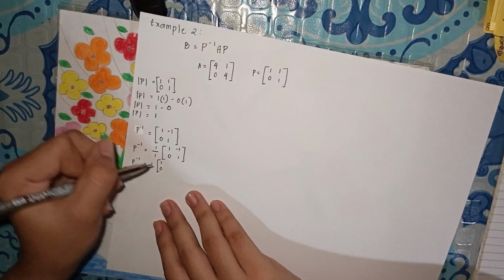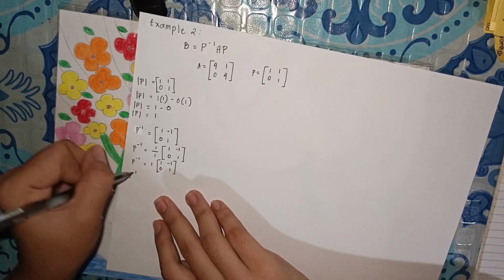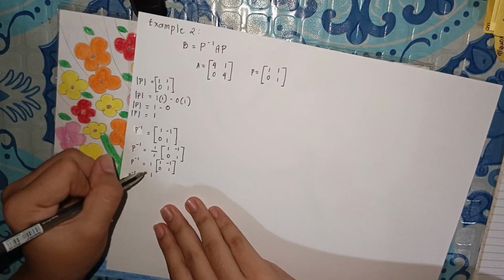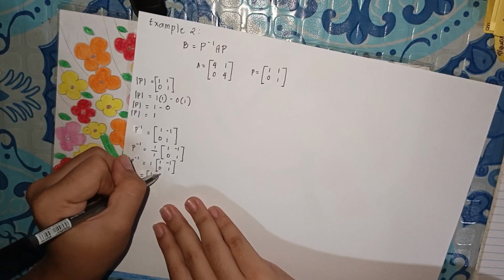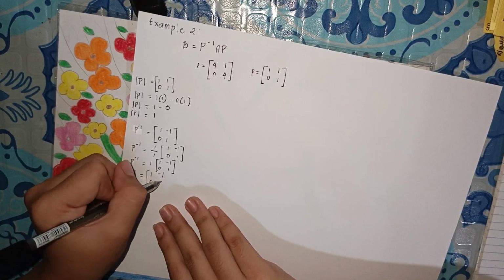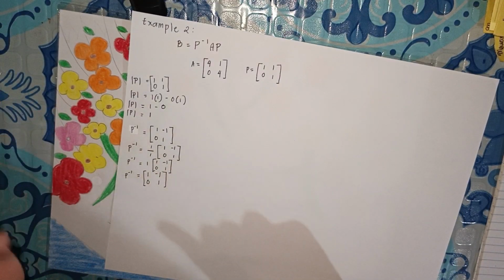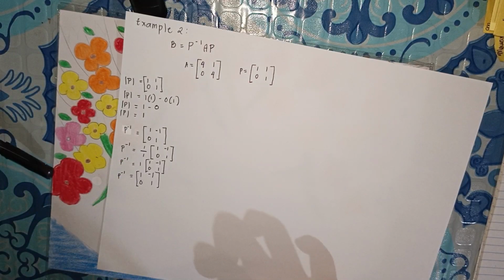Then, copy the matrix. So, the inverse of P is 1 times 1, 1. 1 times 0, 0. Then, 1 times negative 1, negative 1. Then, 1 times 1 is 1. So, now we have the inverse matrix of P.